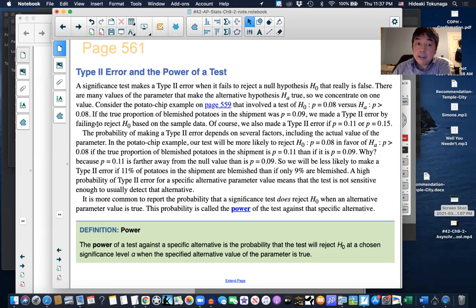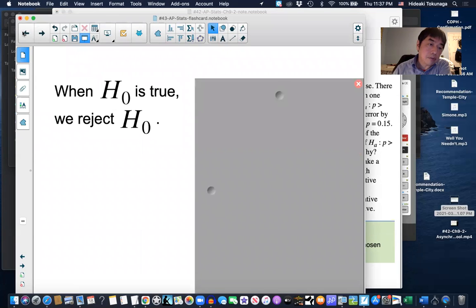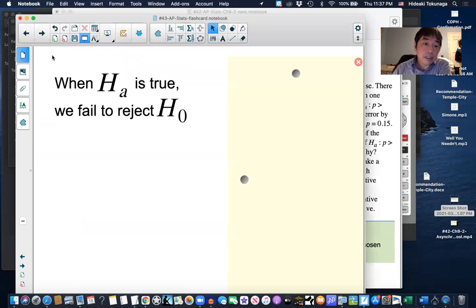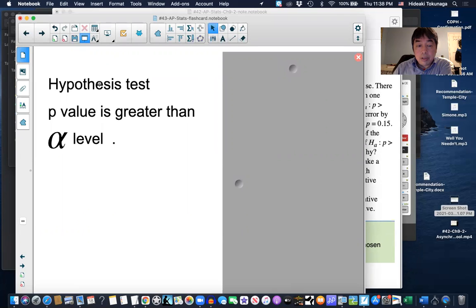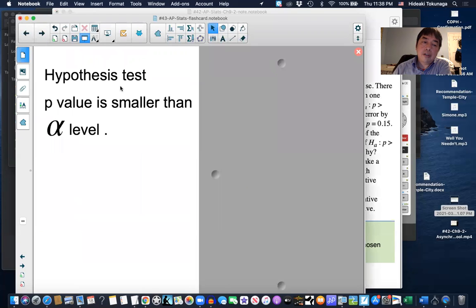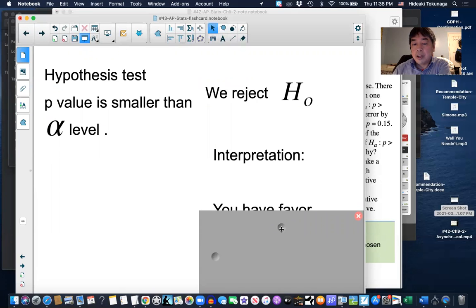Of course, right? Because failing to reject means we favor the null. Let's see, where was it? When the p-value is greater than the alpha level we fail to reject, and when the p-value is smaller than the alpha level, we reject the null hypothesis, so we have a favor toward the alternative hypothesis.